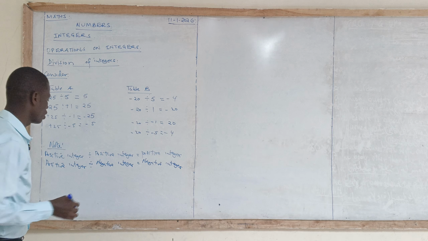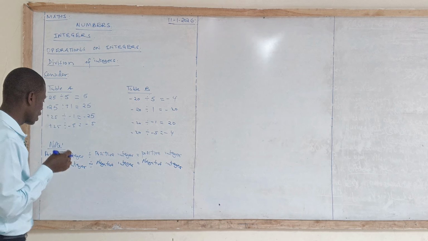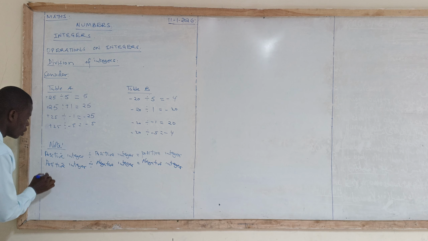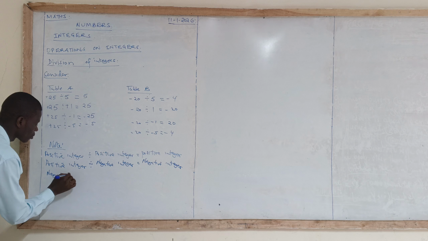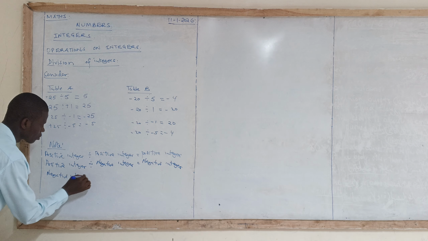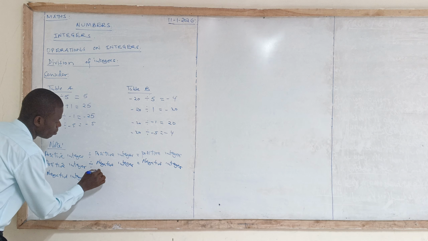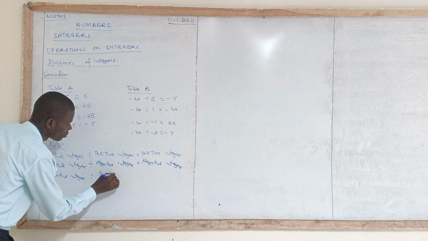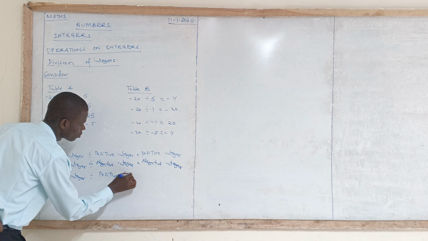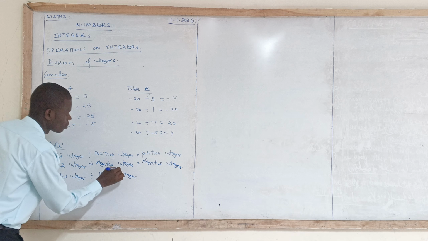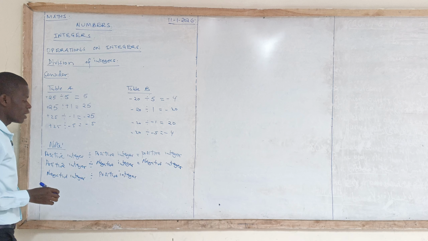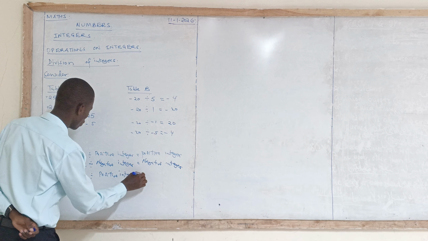Then negative integer divided by positive integer, what do I have?